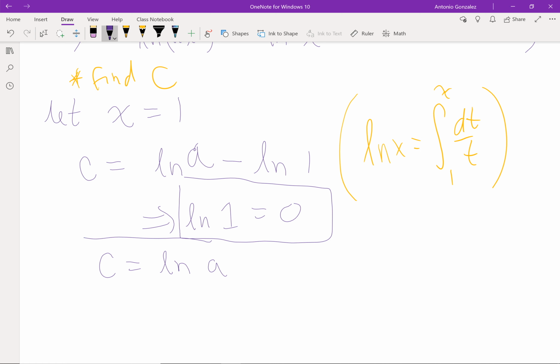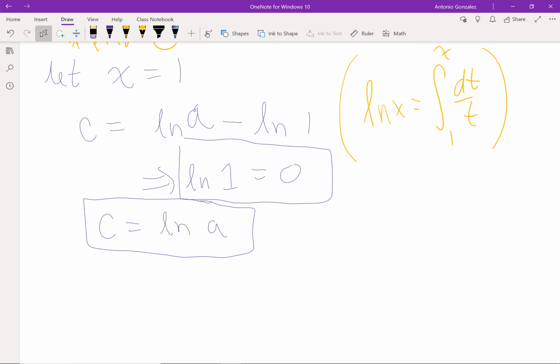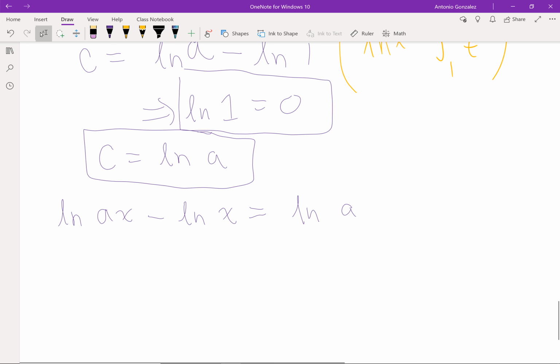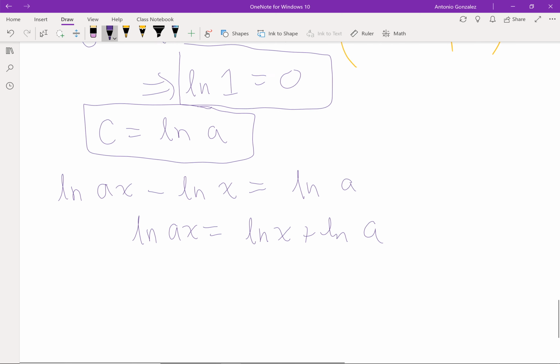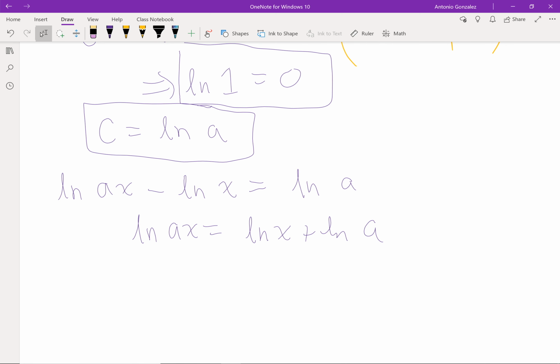the natural log of A is the constant C. In other words, putting this together, we have the natural log of AX minus the natural log of x is equal to the natural log of A. Now another way of rewriting this is... of A. And now you can see here x is a variable, but let's let x equal B. And again, that is any positive constant.